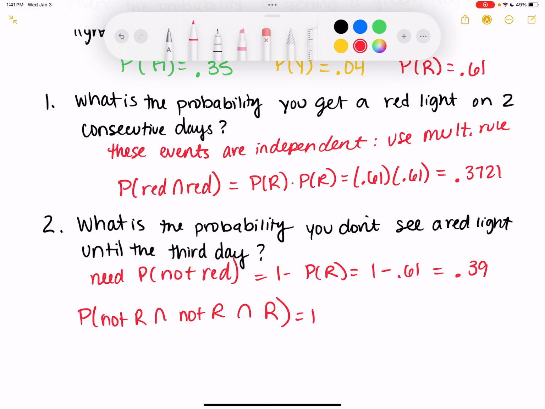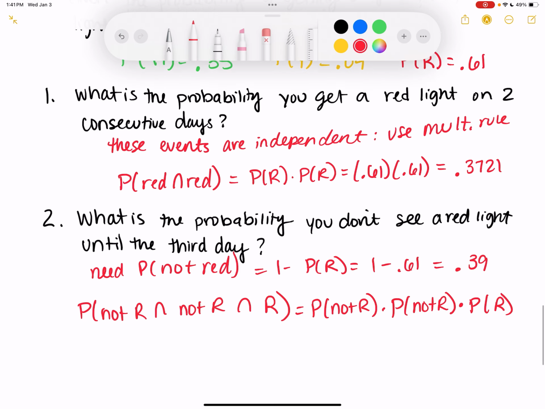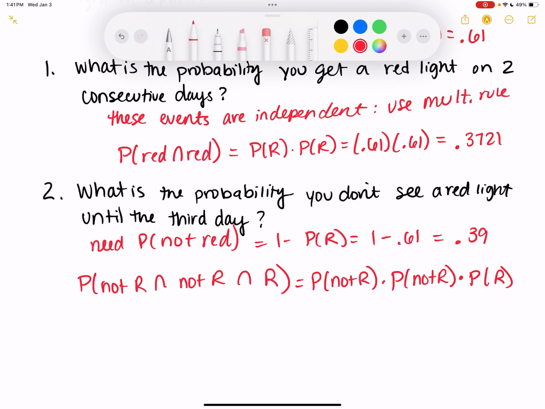So this is the probability of not red times the probability of not red times the probability of red. So that's going to be 0.39 times 0.39 times 0.61, and that would be 0.09278.